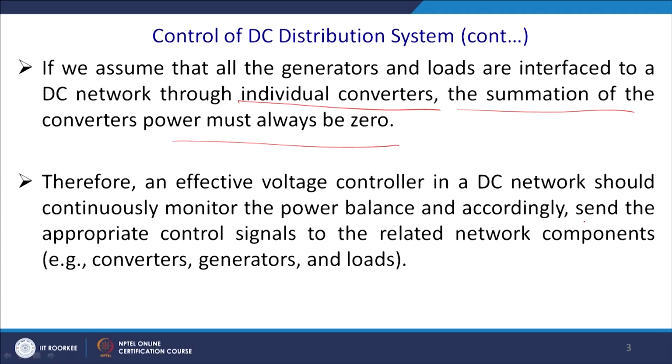Subsequently, the bidirectional DC to DC converter from the battery will restore the bus voltage. That is one of the requirements. In terms of mathematics, the summation of all the converter power must always be 0. Therefore, an effective power control of the DC network should continuously monitor the power balance and accordingly send the appropriate control signal to the related network components, for example converters, generators and loads.